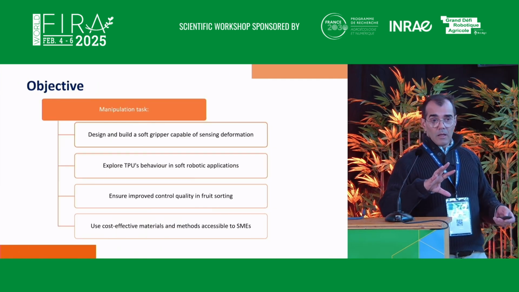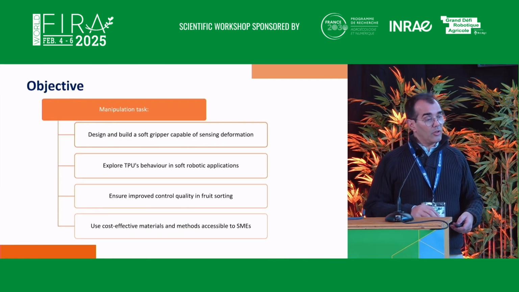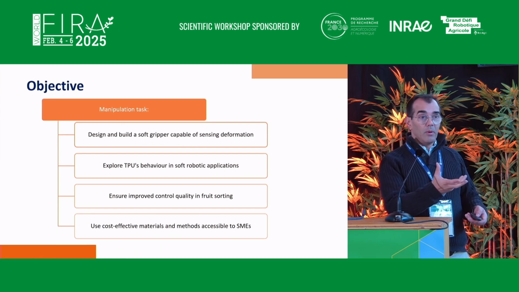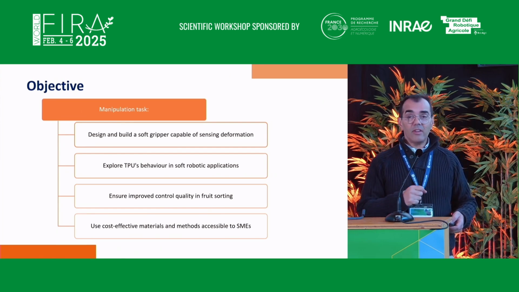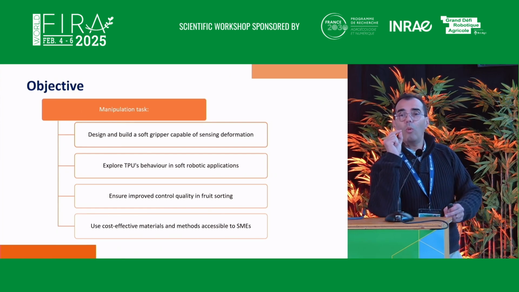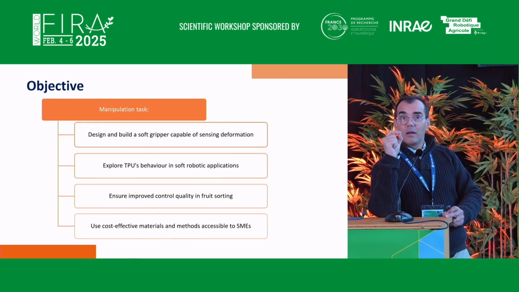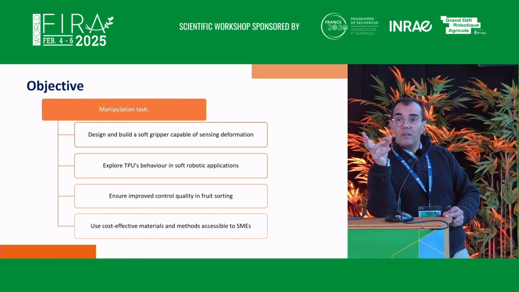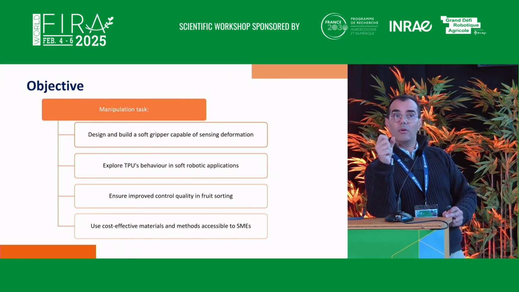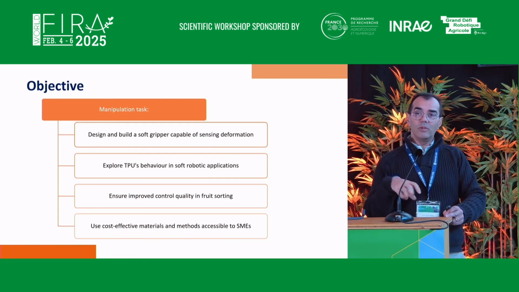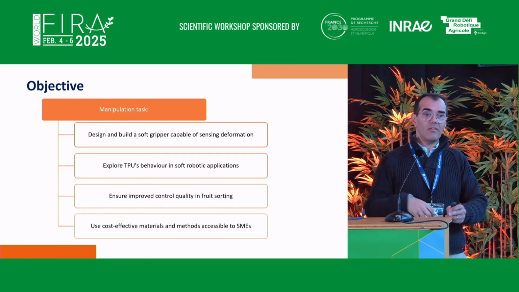In terms of the manipulation task, the objective was to design and build a soft gripper capable of sensing the deformation. So what are we talking about here? We are talking about a self-sensing gripper, so you don't need to include a sensing device in it.